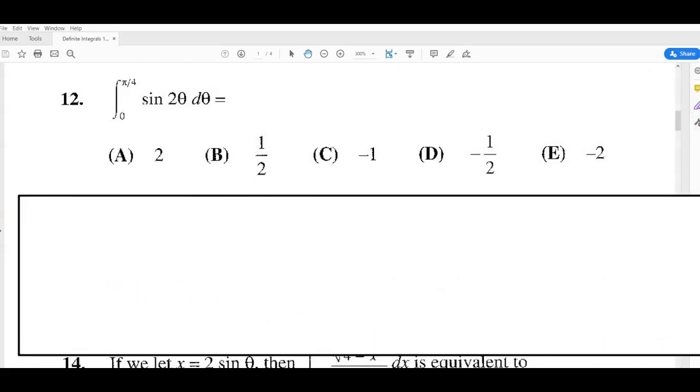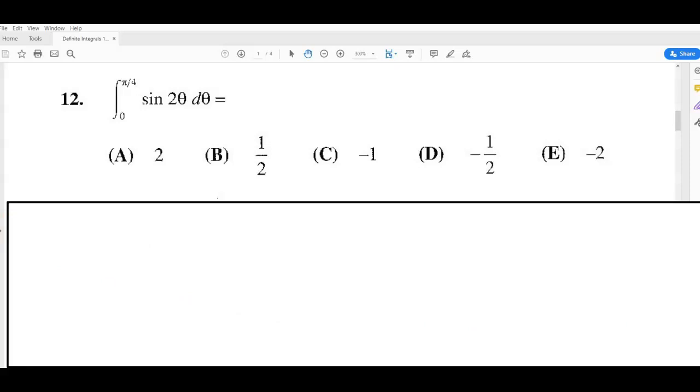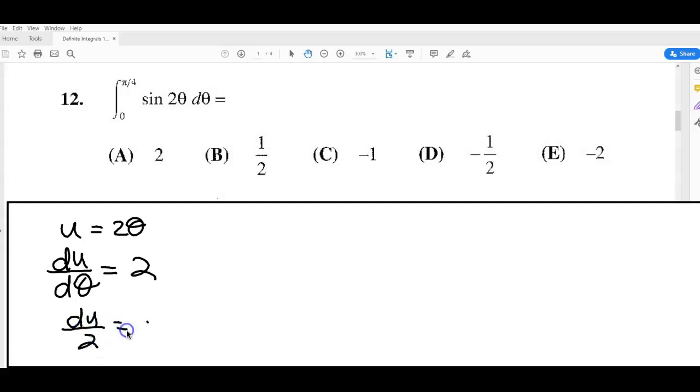Make some workspace. Okay. For this problem, we're going to do some U substitution once again. I'm going to go ahead and let my U be equal to 2 theta. And then we do the derivative of U with respect to theta. Go ahead and do our U substitution.